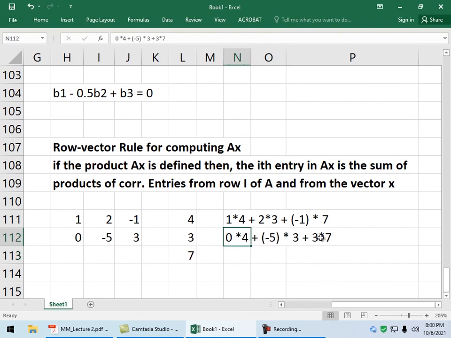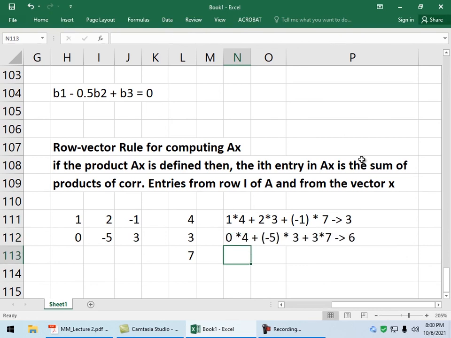So obviously 1 times 4 plus 2 times 3 plus minus 1 times 7 forms a single value in the result when we compute this. And the second value will be 0 times 4 plus minus 5 times 3 plus 3 times 7. Okay. So this value after computation will form just one scalar, 3, and this computation will form the scalar 6.